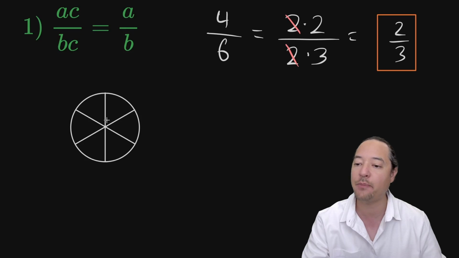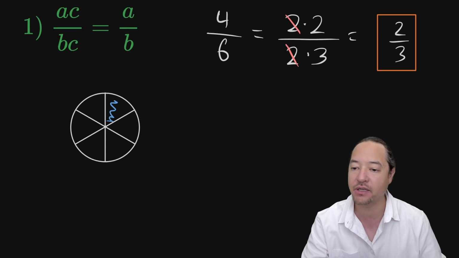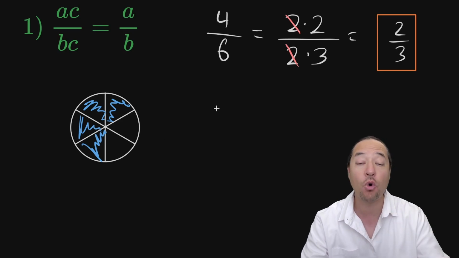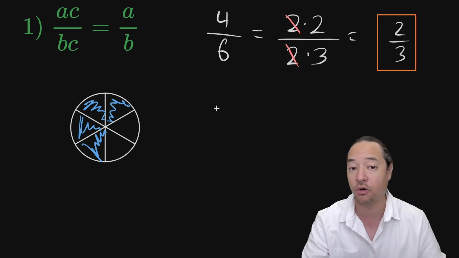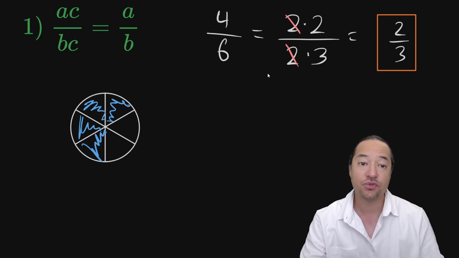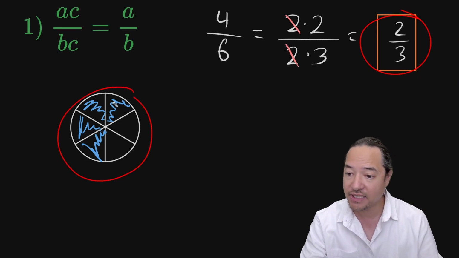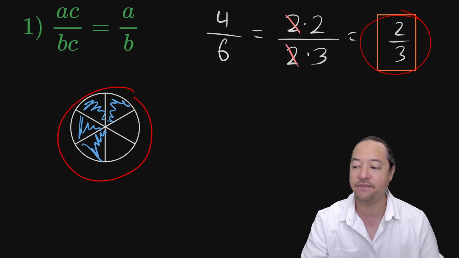So I can represent that by coloring in 1, 2, 3, 4. Okay, there we go. So that's 4 out of the 6 pieces. That's 4/6 of one whole. And this rule number 1 is saying this 4/6, well, that's the same as 2/3. And if you look at this, this does look like I filled in 2/3 of this pie, right?